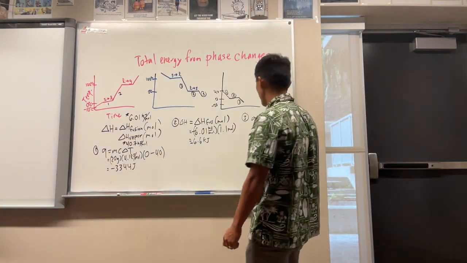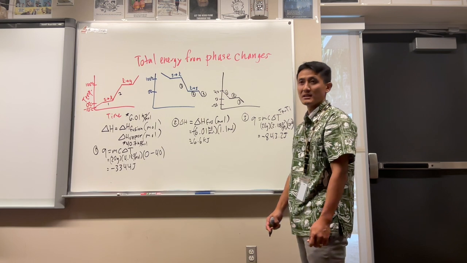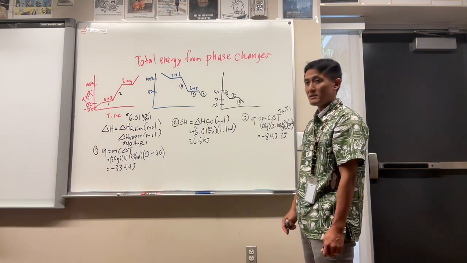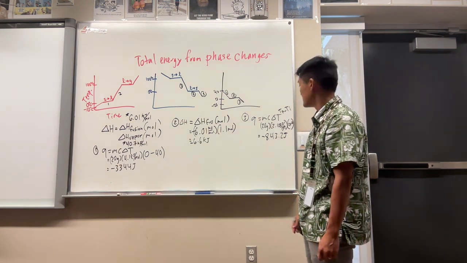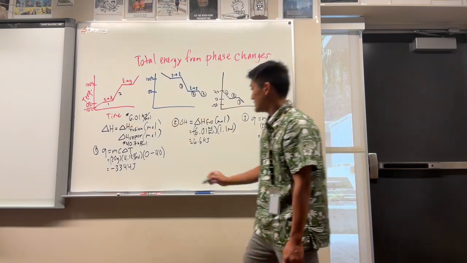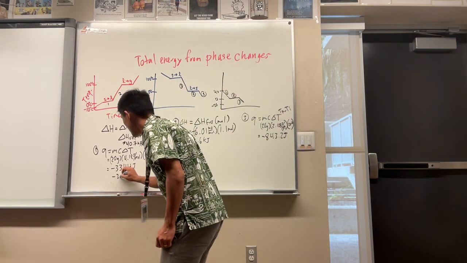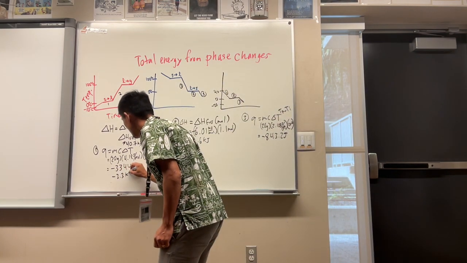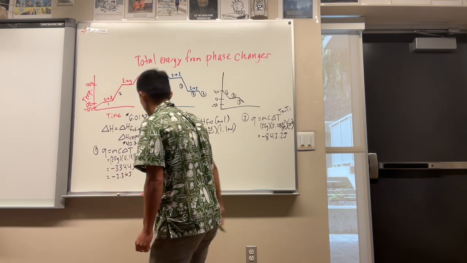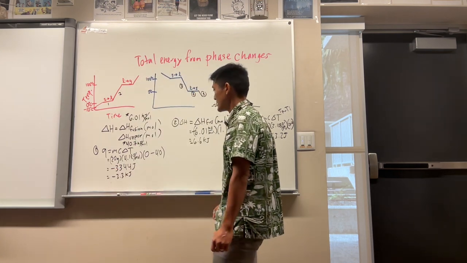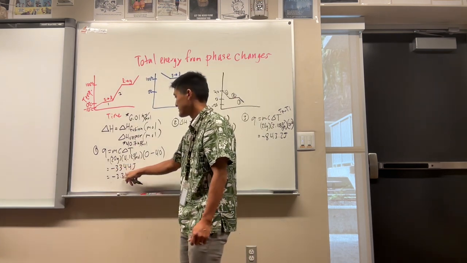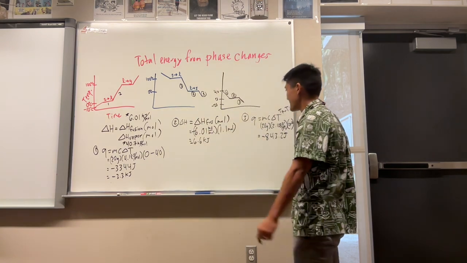So now let's add them all together. Actually, should we add them all together? No, make them all kilojoules. For the first step, it'll be negative 3.3, well, 3.4, you had it right. Okay, good.